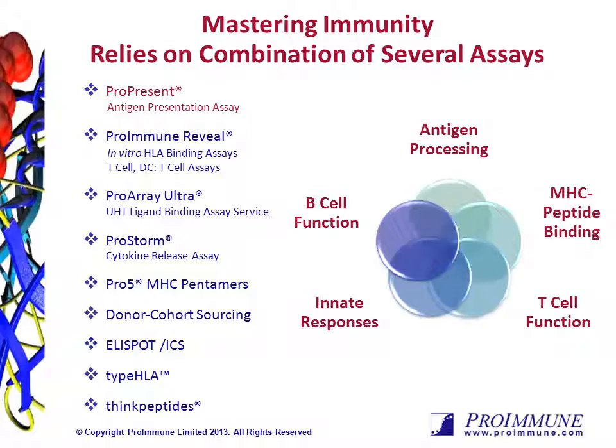These assays include our ProImmune Reveal MHC peptide binding and T-cell assays, our ProArray Ultra microarrays for understanding and mapping B-cell responses, assays for looking at innate immune responses such as our cytokine storm assay, ProStorm, our pentamer technology that allows you to track single antigen-specific T-cells, as well as a range of supporting technologies including sourcing donor samples for projects, immune monitoring assays such as ELISpot and flow cytometry-based assays, HLA typing and peptide synthesis.